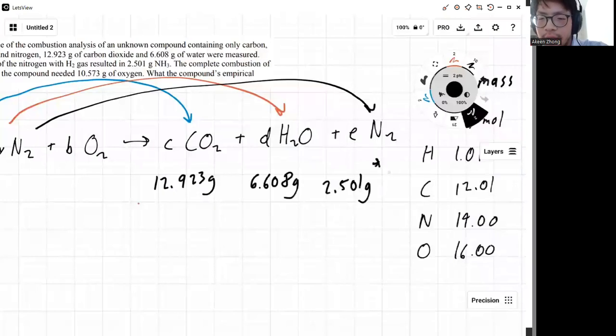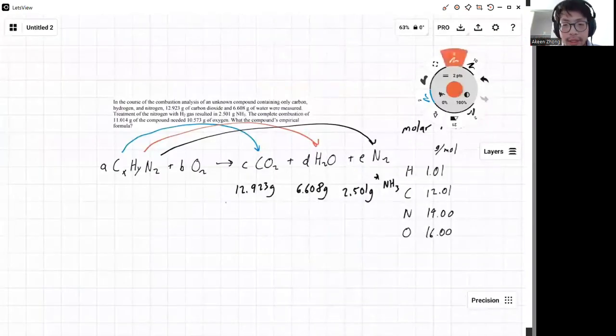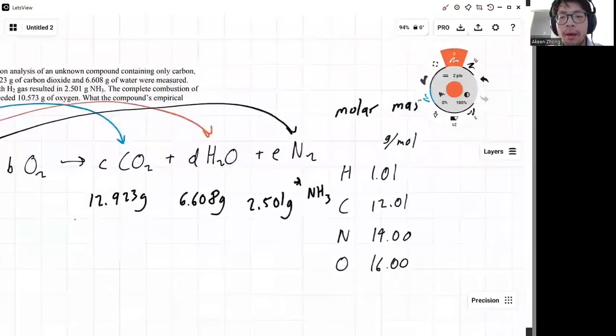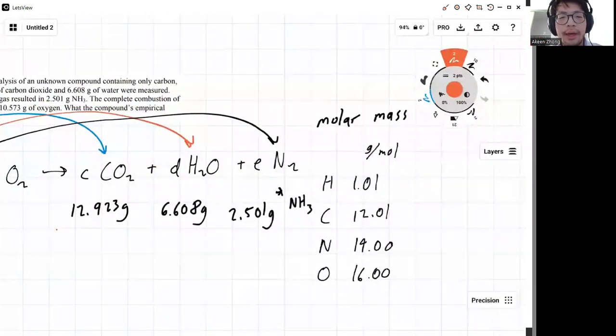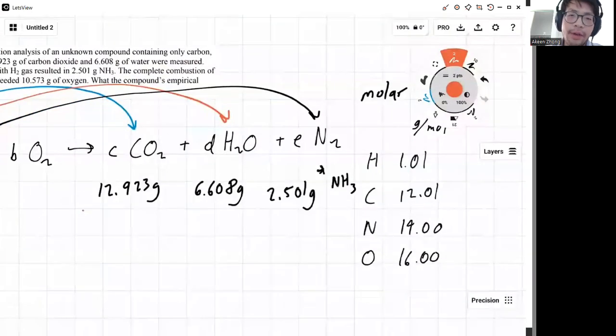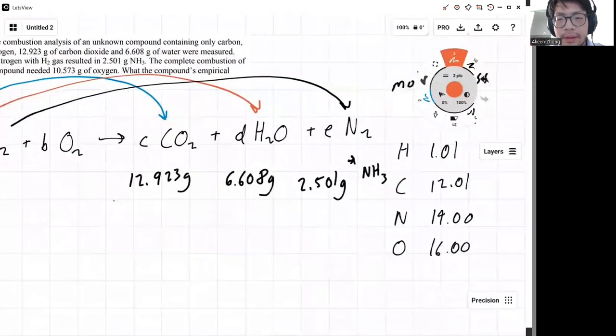But it's not actually nitrogen, it's ammonia. So we'll take that into account when we divide by our molar masses. Molar mass is determined by adding all the elements together from their masses found in the periodic table.